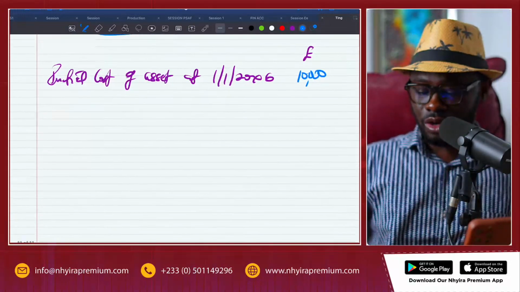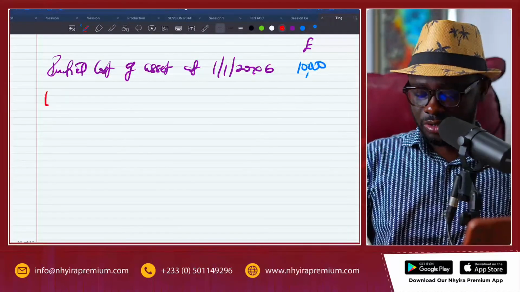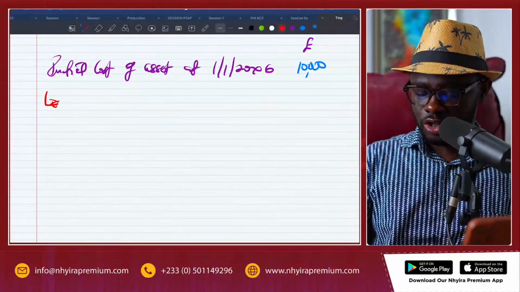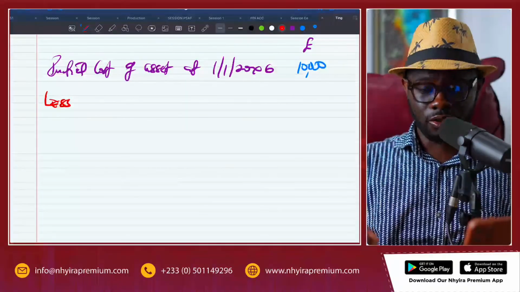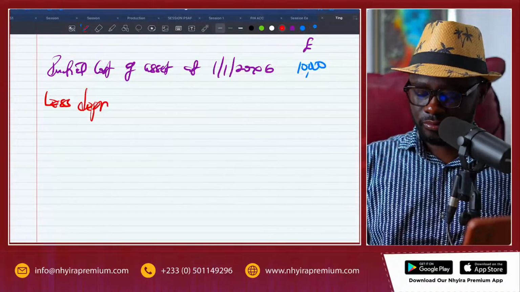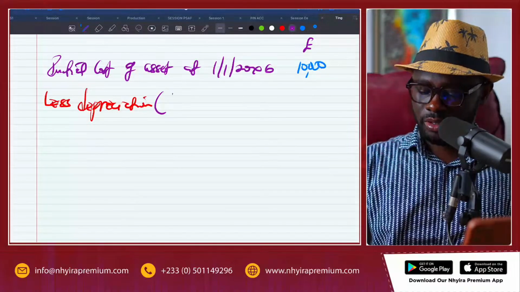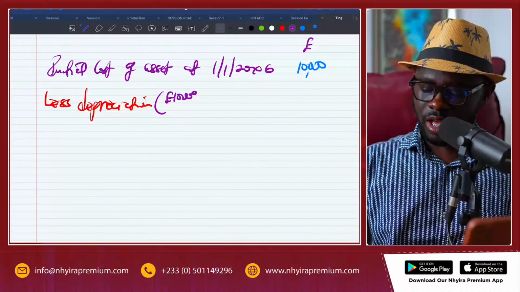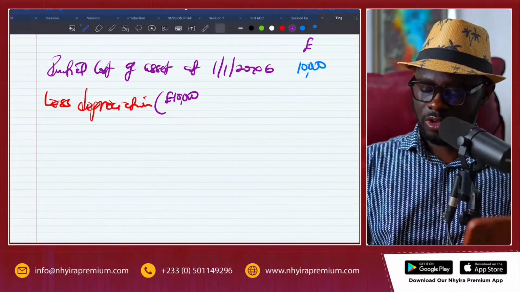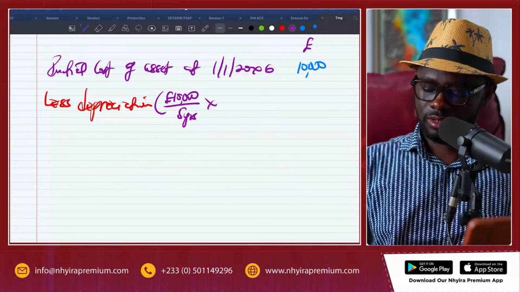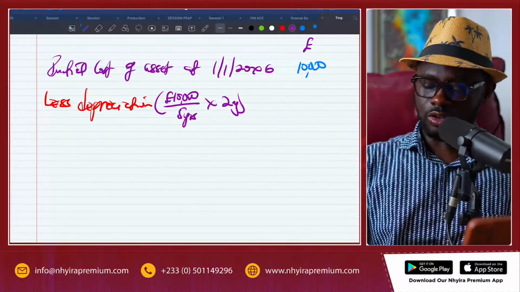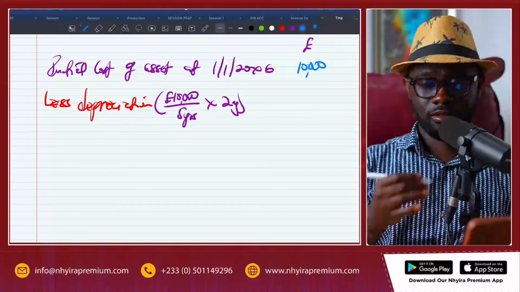So what do we have to do? We have to calculate depreciation. So we deduct the depreciation for the 2 years, and that is going to be £10,000 over 5 years times 2. So this is depreciation for the 2 years.